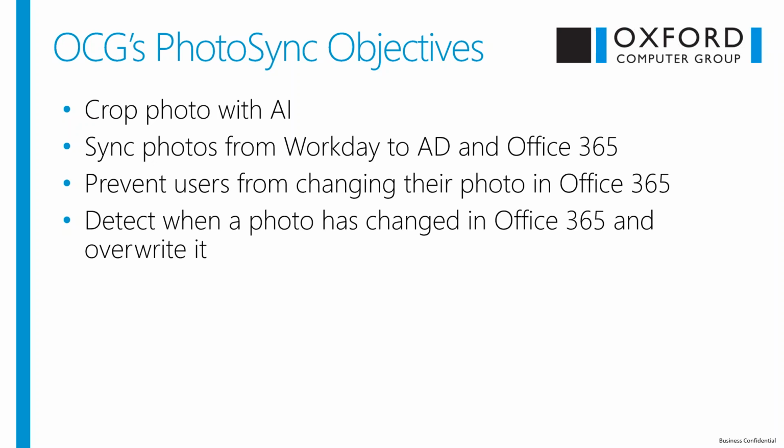We also had to use some of the Exchange features to prevent users from changing the photo in different places. And we wanted to detect when a photo is changed in Office 365 and overwrite it. That ties into the previous one. We have to prevent it, but there are some scenarios where users can slip into an interface and change that photo that we can't stop them from doing. So we actually have to do some detection work to see when that photo is changed.